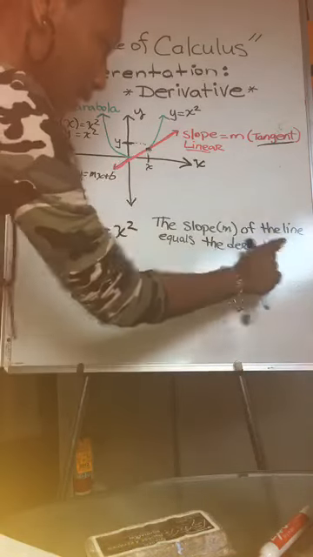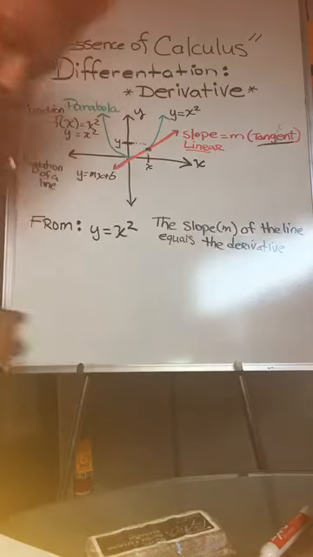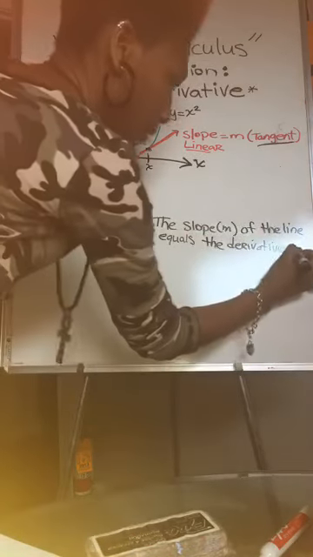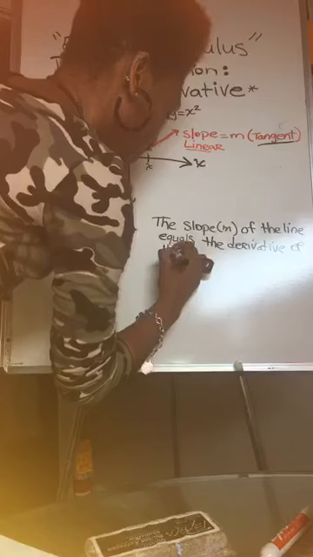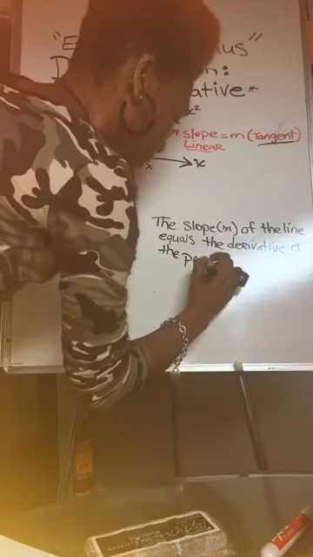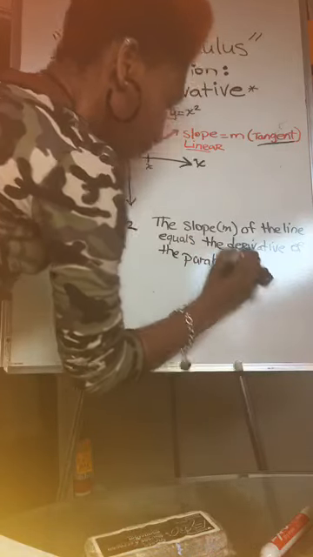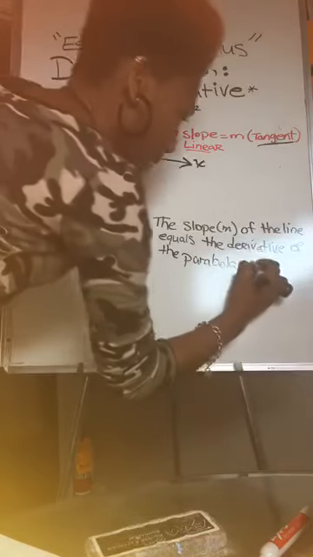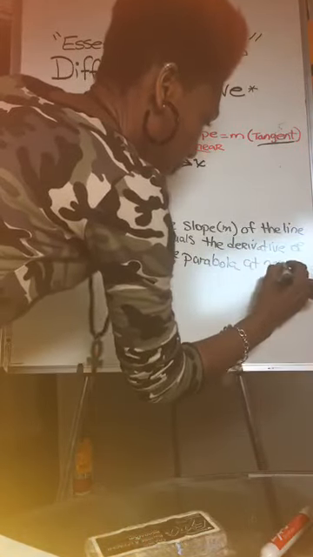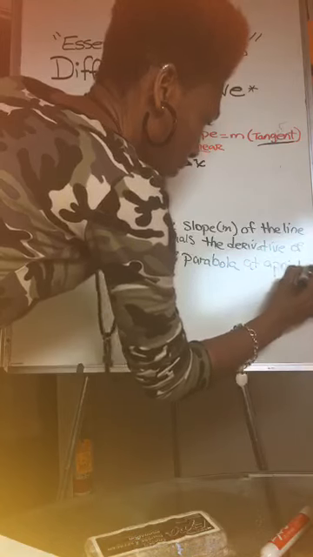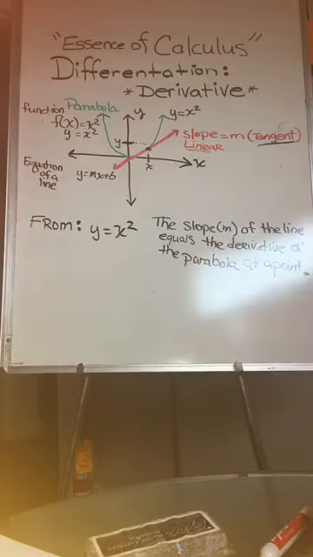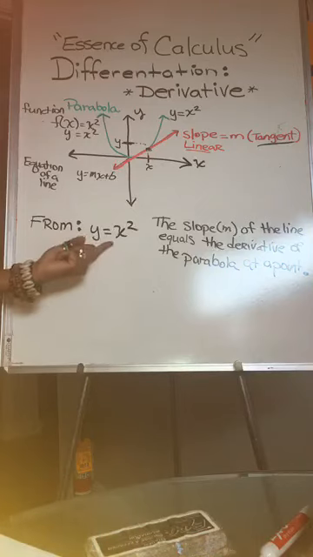The slope of the line equals the derivative of the parabola, that's in green, at a point. Just want to make sure what I wrote in my notes is clear. All right? So now that we have all of the definitions out of the way, now we can go right to how do we take the derivative of y equals x squared.